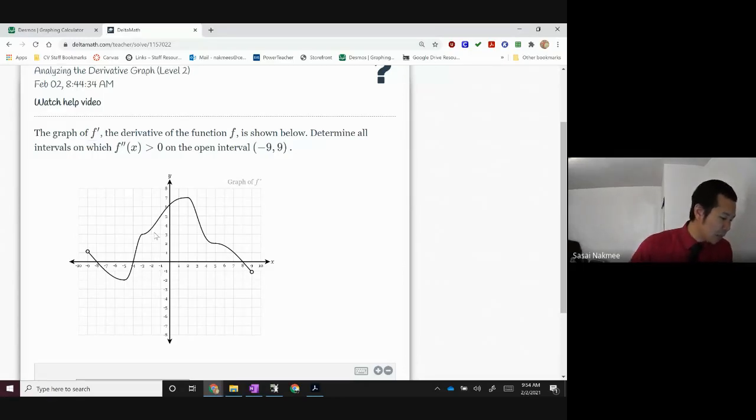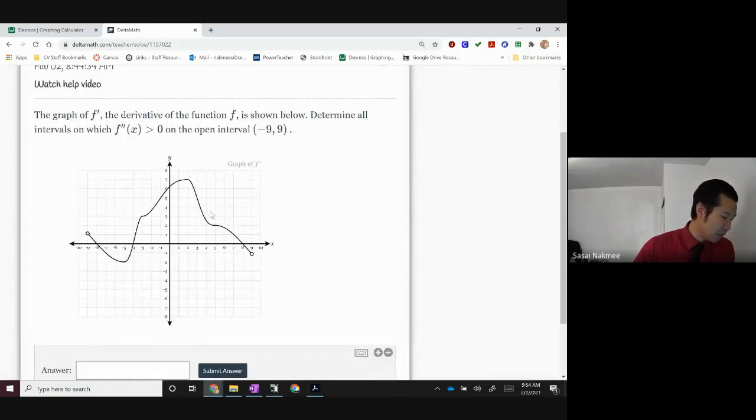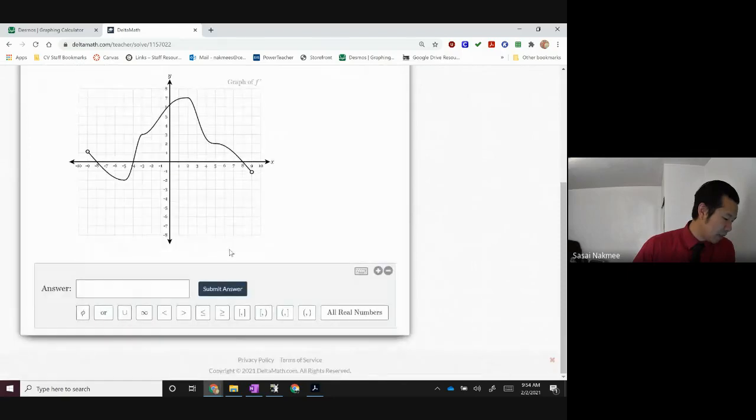The second derivative is positive wherever the first derivative is increasing, okay? So the first derivative is increasing from -5 all the way up to about 2. You see that? It's increasing because it's going up those values from -5 up to 2. And that's all I would put down here, right? For that notation. So let's see here.